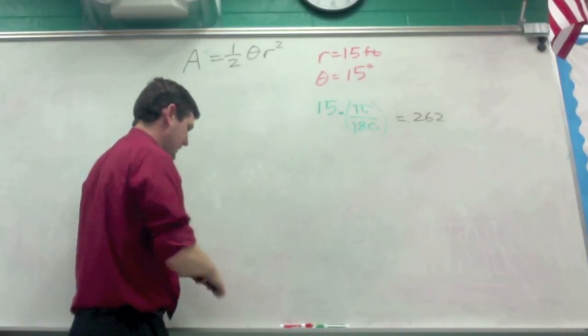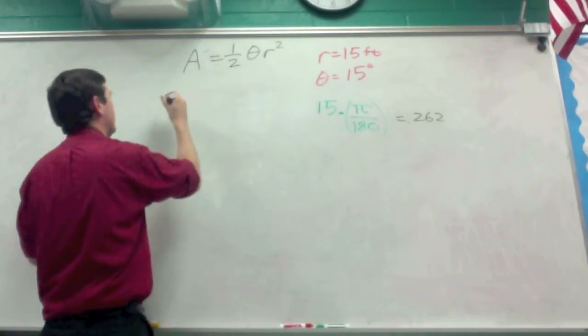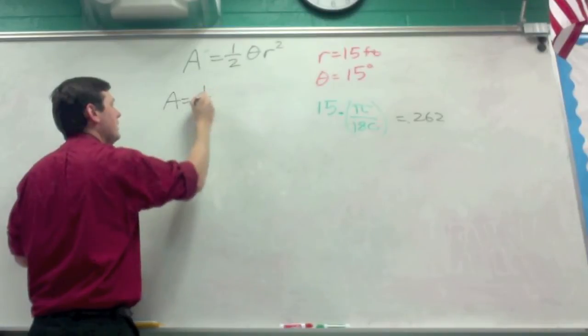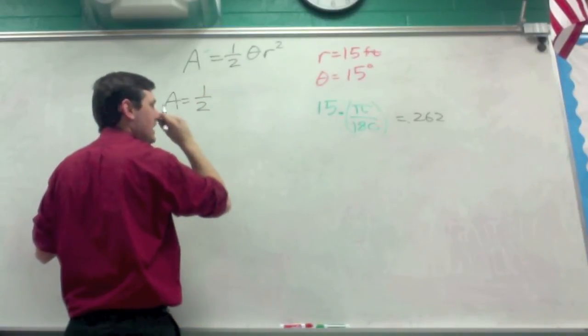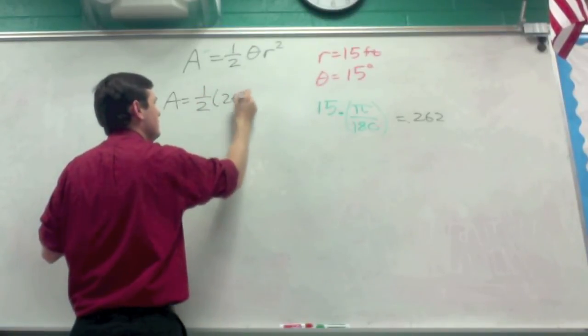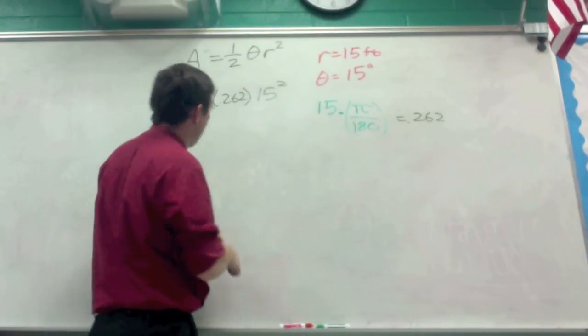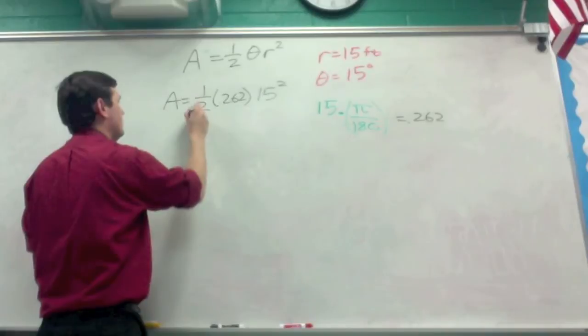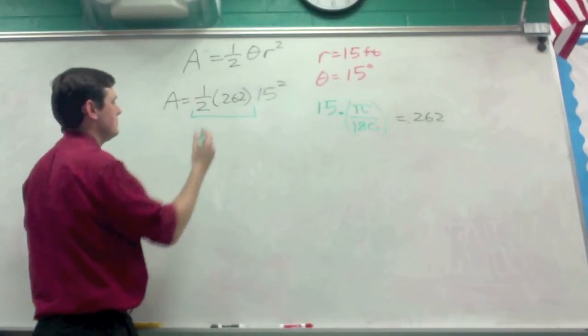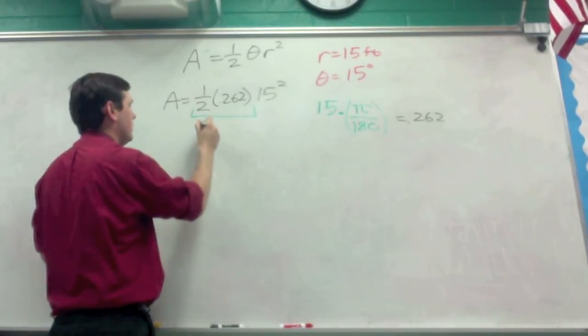Okay, so we got the 15 feet. Now it's just plugging it in. This means area equals 1/2 times theta, which is 0.262, times 15 squared. Well, 1/2 times 0.262, that's 1/2, so it's divided by 2.